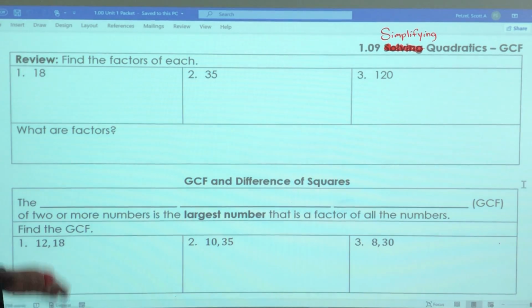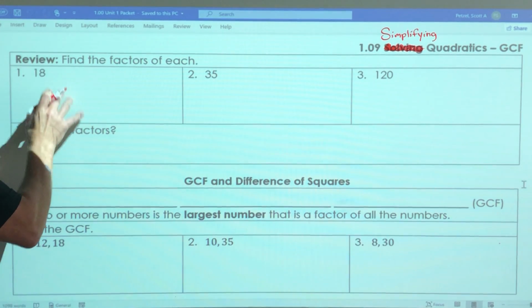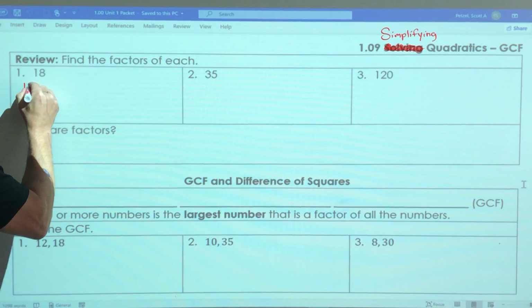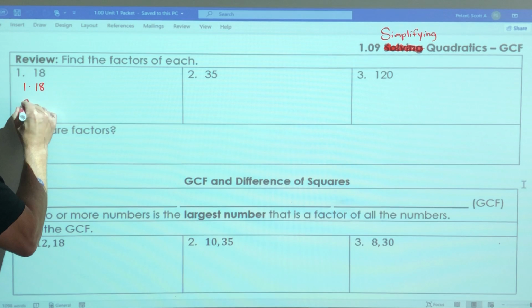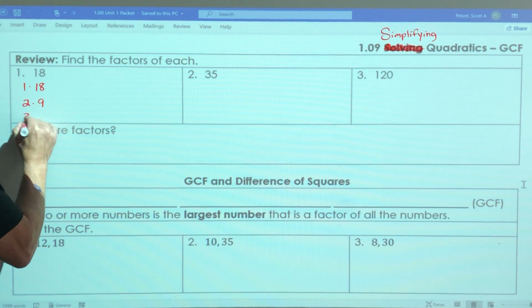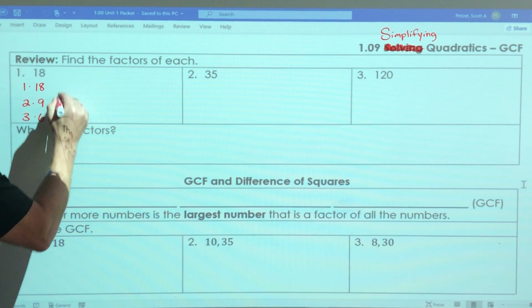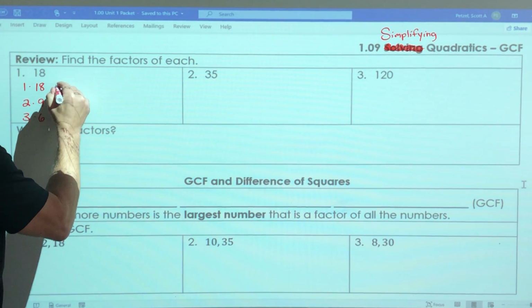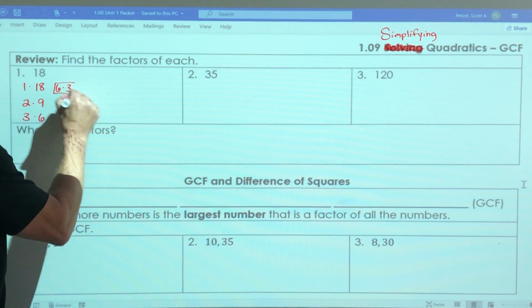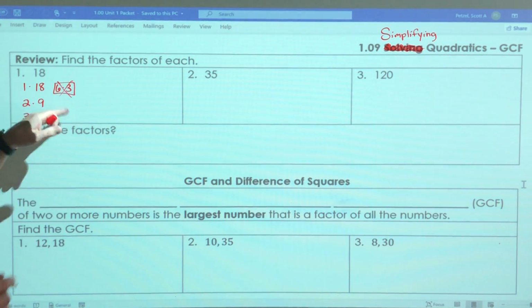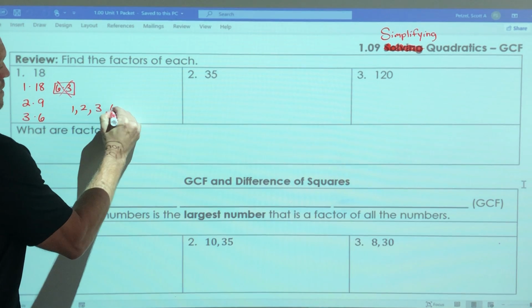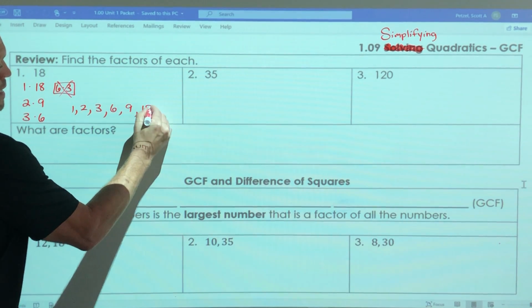So when we're looking at this kind of stuff, we're looking to find the factors of each. The factors of 18 are 1 times 18, 2 times 9, 3 times 6, 4 no, 5 no, 6 times 3, so I repeat, so I don't need that anymore. So my factors are 1, 2, 3, 6, 9, and 18.